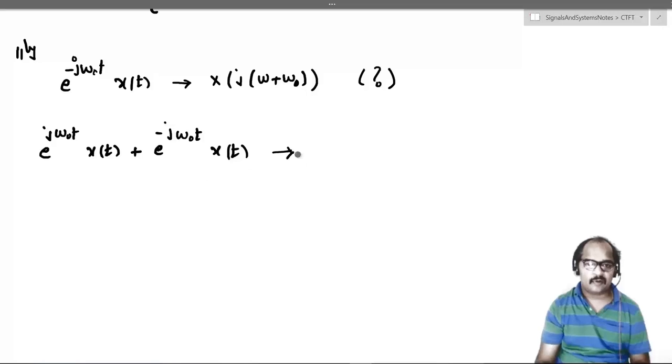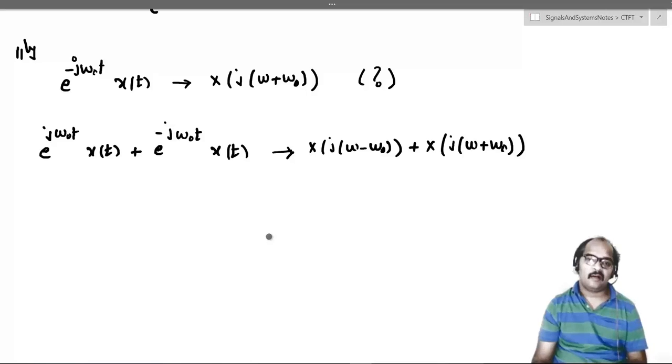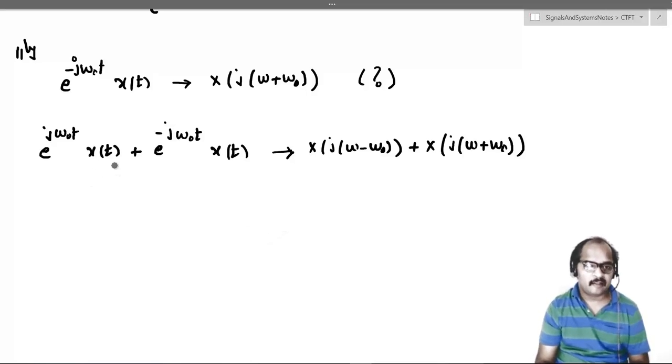The corresponding Fourier transform would be, first fellow will have x of j omega minus omega naught plus second fellow will have x of j omega plus omega naught as the Fourier transform. But if you look at the left hand side, x of t is common, and if you take x of t common, you will get e power j omega naught t plus e power minus j omega naught t, which is nothing but 2 cos omega naught t.